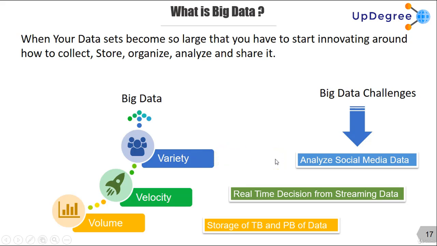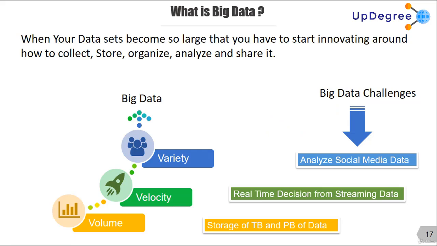So we have to store those as well, and that again becomes a big data challenge. Whenever you see these three features, or maybe any one of them, either the data is so large, or coming so fast, or so different from a structured one, that becomes a big data challenge, and that's why we call this big data.